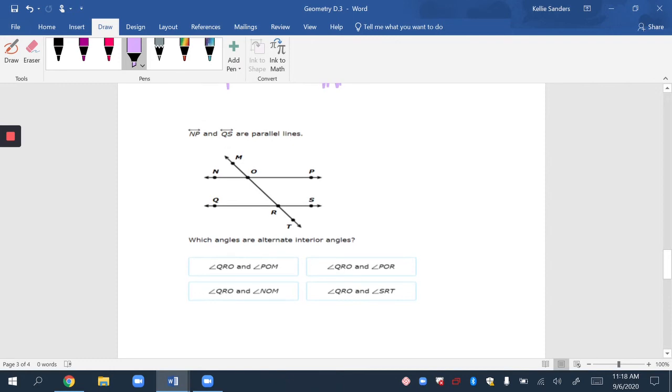Okay. Alternate interior. Q-R-O. Okay. Alternate interior angles, it's not hard. It's just understanding the meanings and for me to be able to explain it in a good way. So, see these parallel lines. Any angle that's between the parallel lines is called interior.